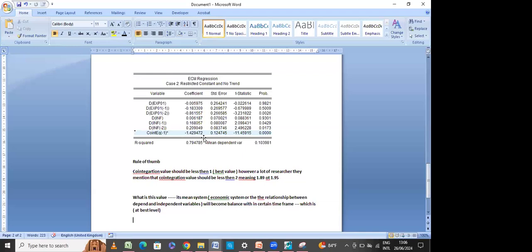So the rule of thumb is that it should be less than 2, best would be less than 1, and its probability value should be less than 0.00.